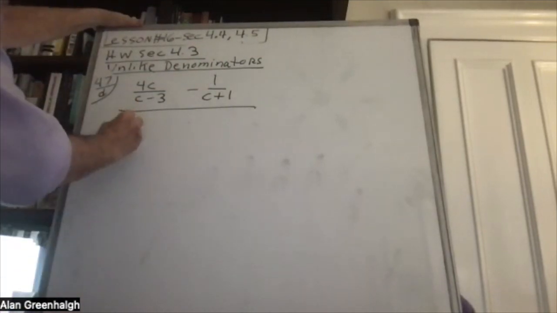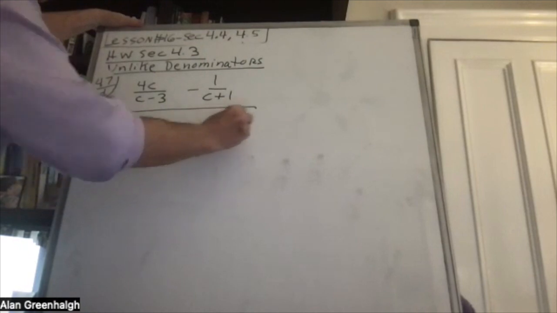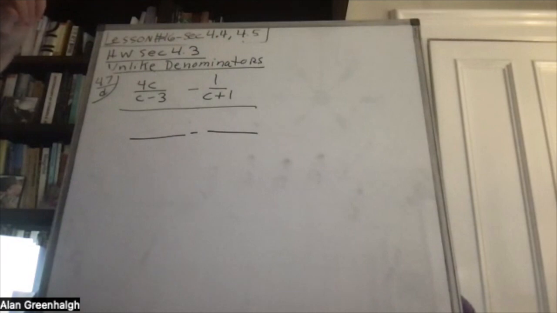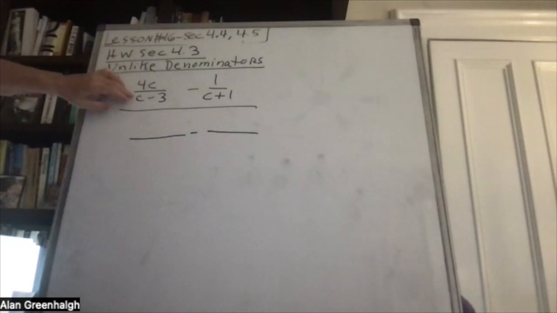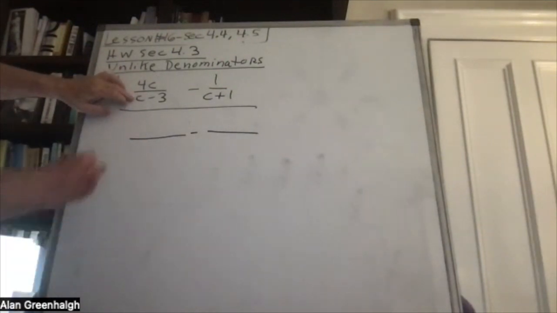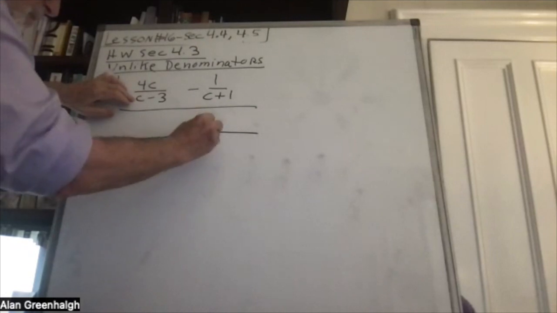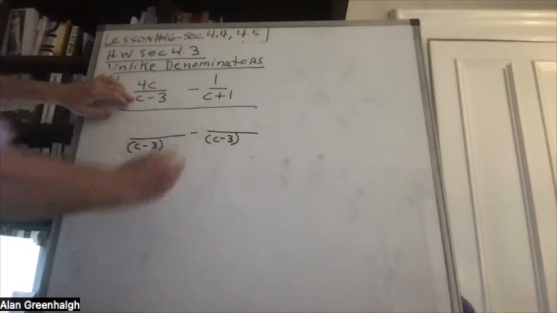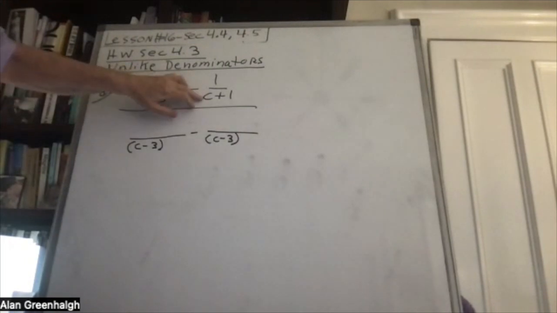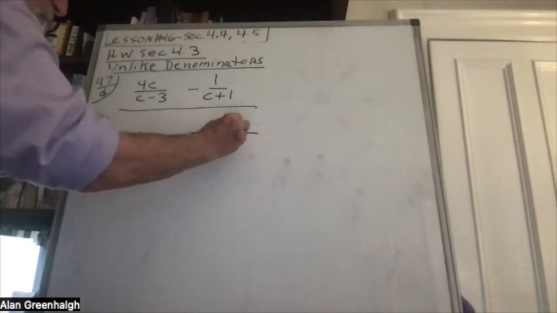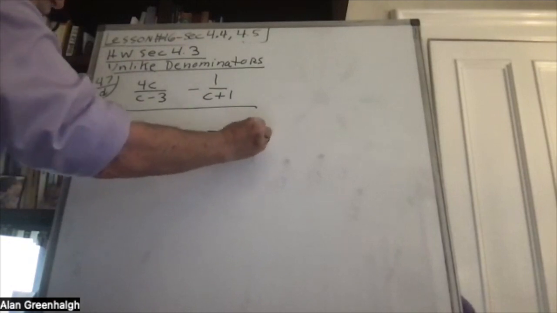Okay, so the first thing we do is recognize that these are different denominators, and therefore we need to create a least common denominator. So this denominator contains a c minus 3, therefore there will be a c minus 3 in both places. It has a c plus 1, therefore we have a c plus 1 and a c plus 1.